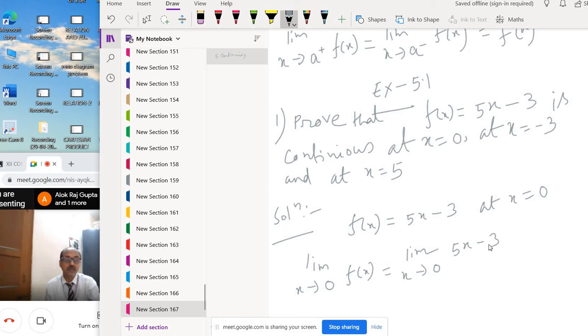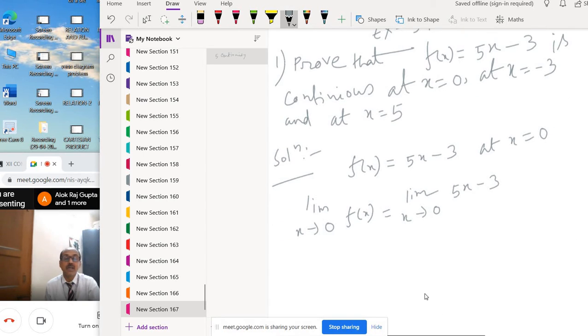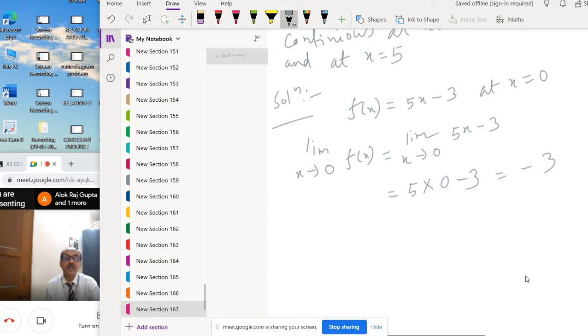This is the function. Now as x tends to 0, put x equal to 0. This equals 5 into 0 minus 3, and 5 into 0 is 0, so it is minus 3. Now f(a) you have to find; a means 0 in this question, so f(0) equals 5 into 0 minus 3, same function, so equal to minus 3.